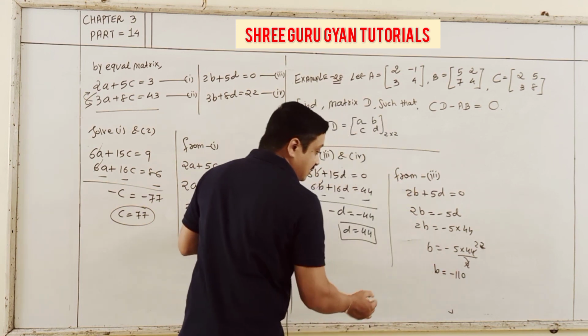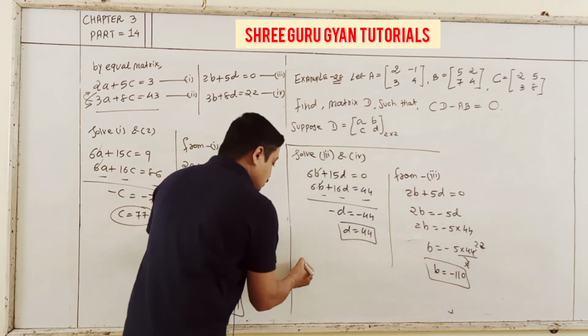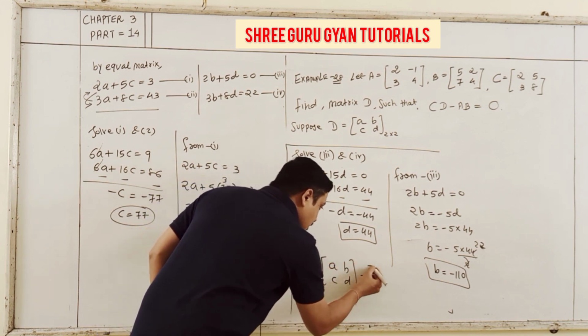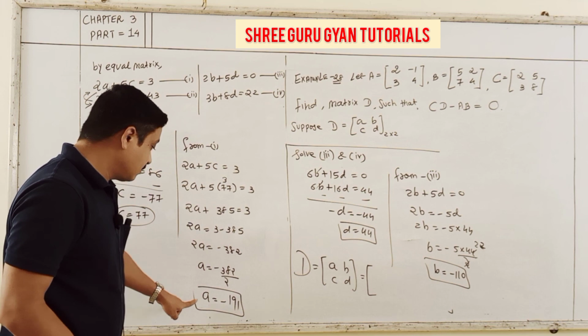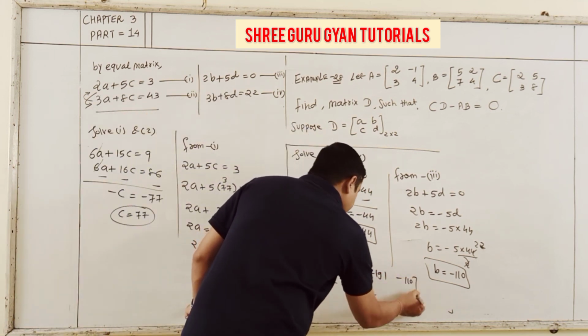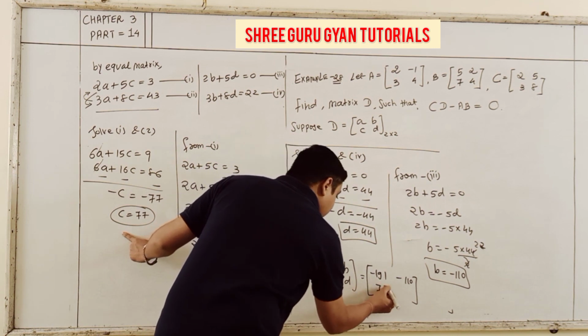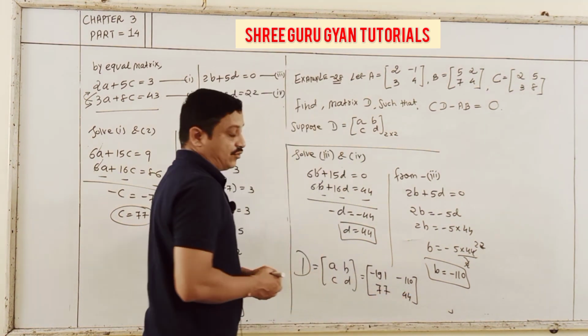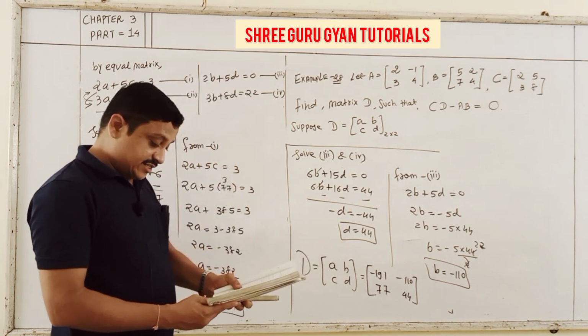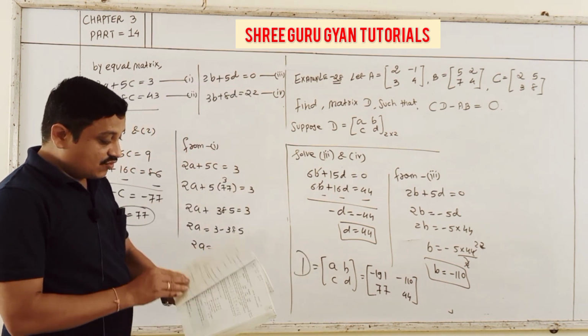So b is minus 110. So the required matrix D has a equal to minus 191, b minus 110, c 77 and d 44. Checking my answers: minus 191, minus 110, 77 and 44.